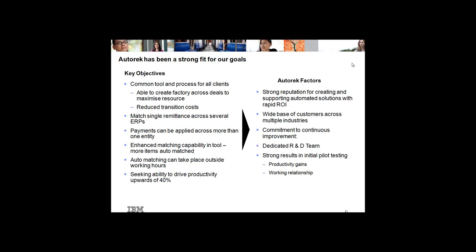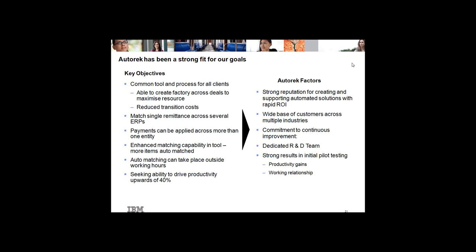We were really looking for that, as well as to keep transition costs to a minimum. If you can train a person on one approach to doing something, transition costs so many times just inhibit the process of bringing work into a shared location. But if you can ease that training process, it brings transition costs down significantly.